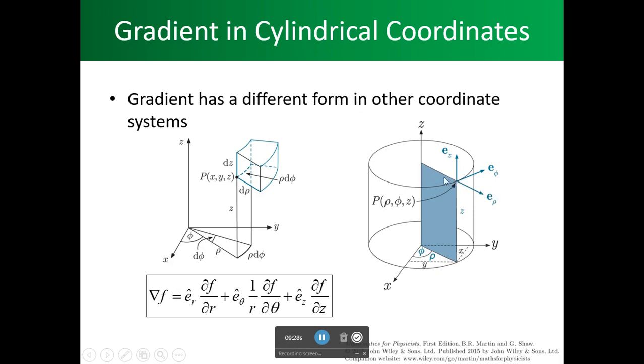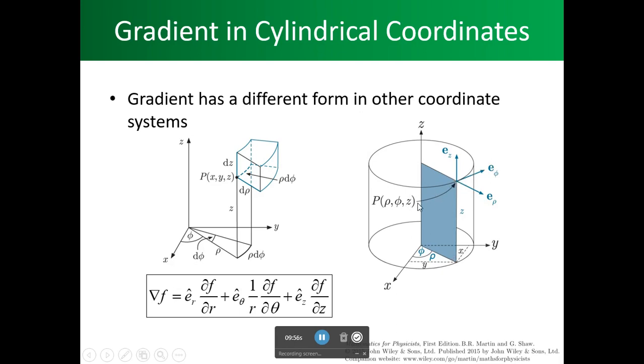So as you can see here, you have this rho, and you have your z, which is here, and you can see these two form a what? A plane, which they're representing here. Then we have perpendicular to this point, we have our phi, which is perpendicular to that point.